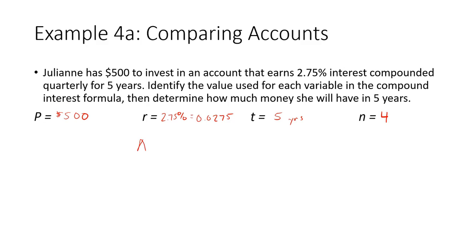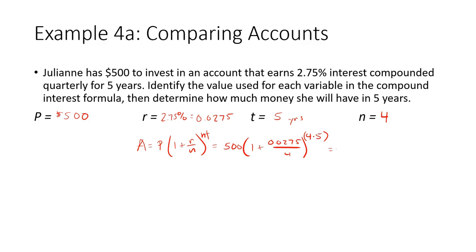To find the future value, A, we're going to use our compound interest formula, 1 plus r over n, to the n times t. So that's 500 times 1 plus 0.0275 divided by 4, to the power of 4 times 5.